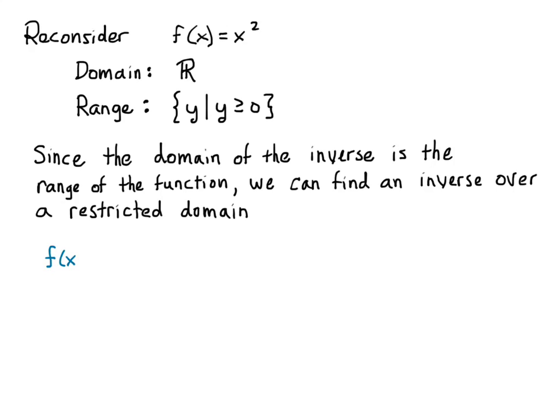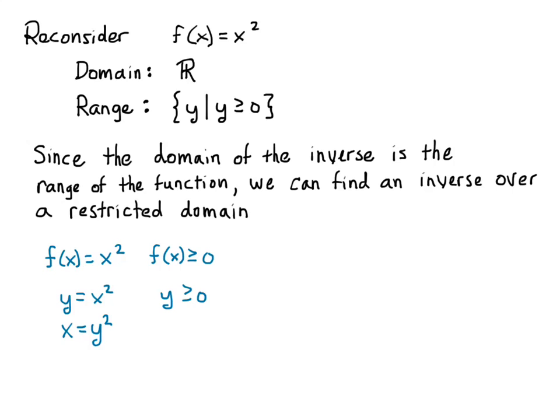Okay, so what I'm going to say is that f(x) equals x squared is always greater than or equal to 0. And so I'm going to calculate an inverse of this thing, where y equals x squared. And of course, y is always greater than or equal to 0.